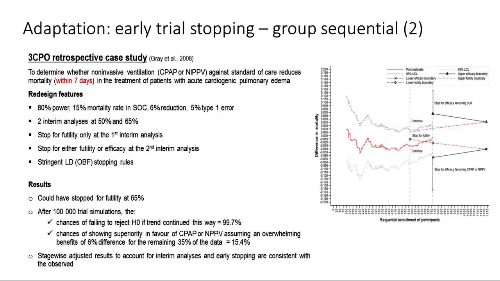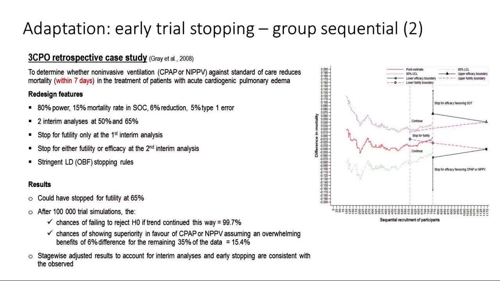But I need to proceed again. There is a similar, slightly different case study, but I wanted to illustrate that you can design things differently depending on what you want as a researcher.